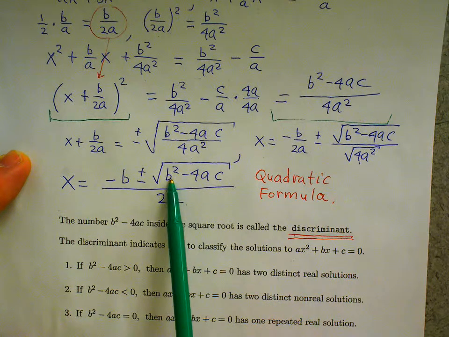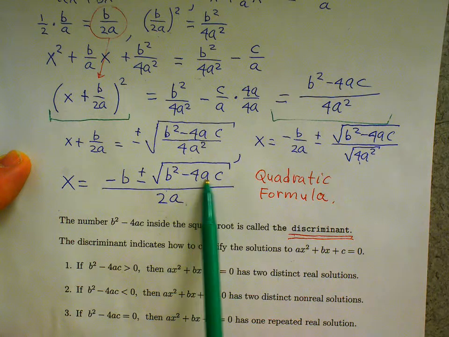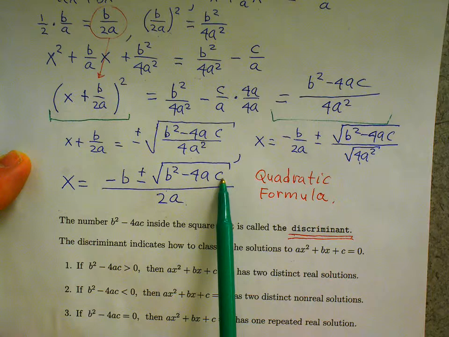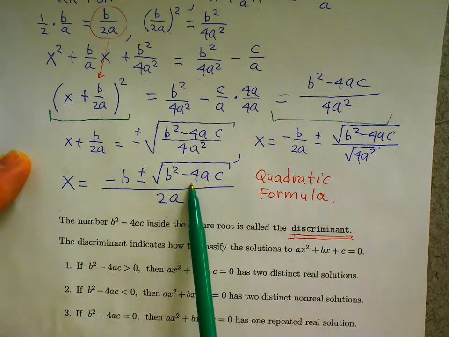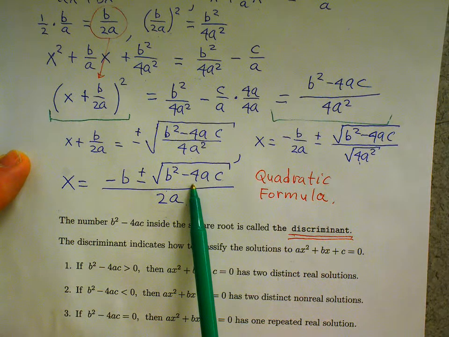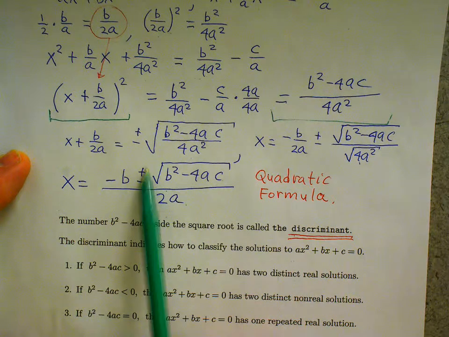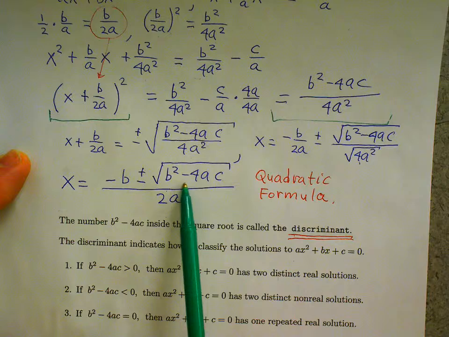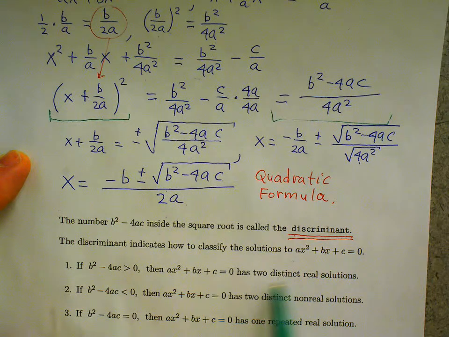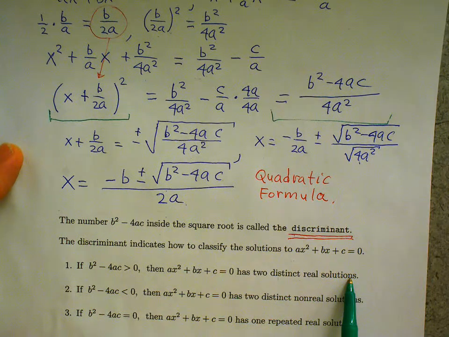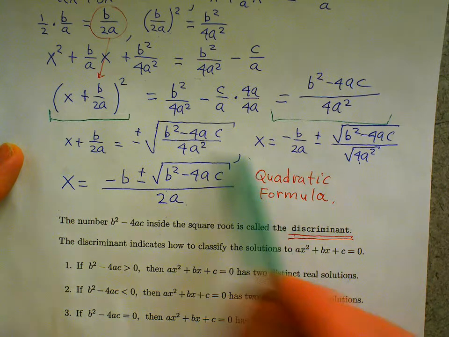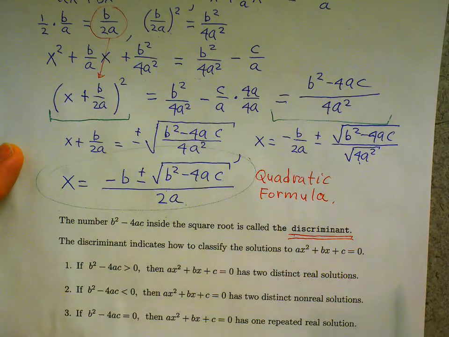If b to the second minus 4ac is positive, the square root of a positive number is a non-zero real number, and so the plus and minus indicates that we have two different real solutions. So just analyzing the quadratic formula reveals what is stated in number 1.